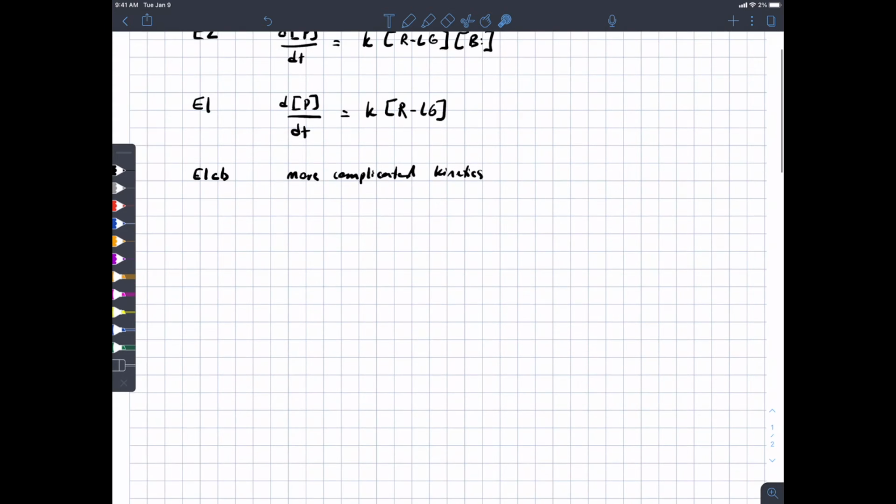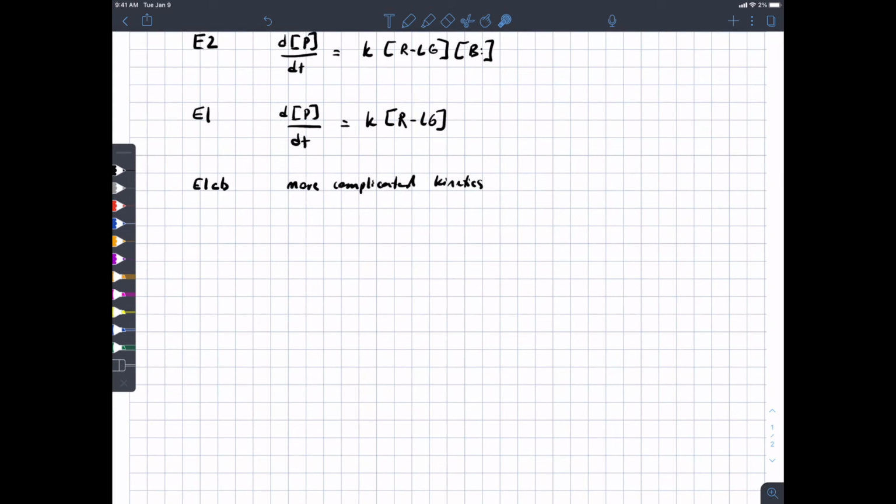An example of an E1CB mechanism is this. Suppose you have a molecule with a leaving group here. Alpha carbon, here's the beta carbon, here's a proton that we would remove, and then attached to that beta carbon is an electron withdrawing group.